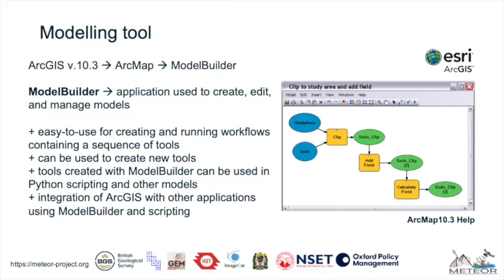A simple application is illustrated in the right-hand side figure, where the model executes a clipping operation using a given reference area, adds a field, and then calculates a value for the new field. This operation is executed in a single workflow of one iteration.